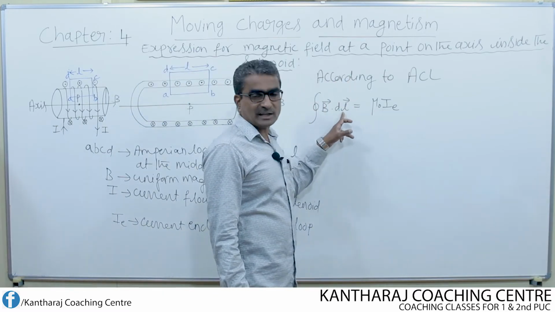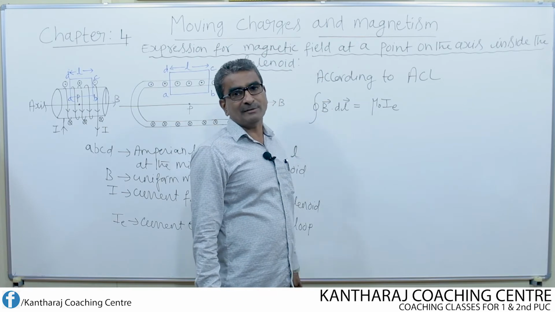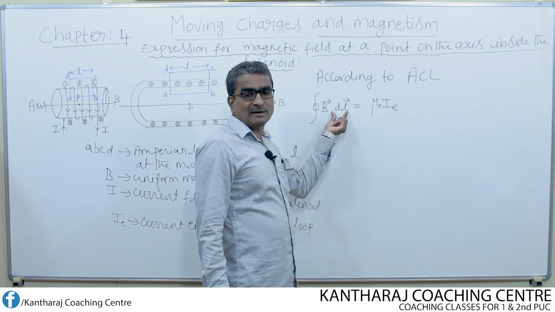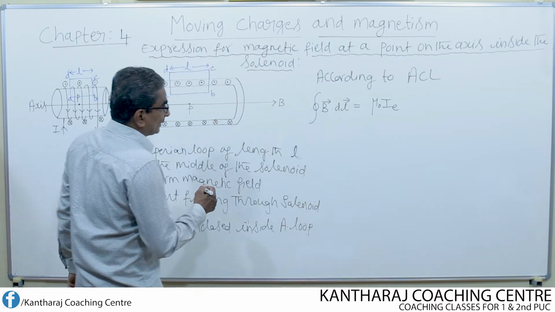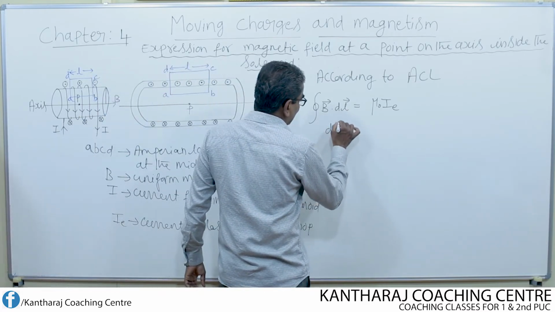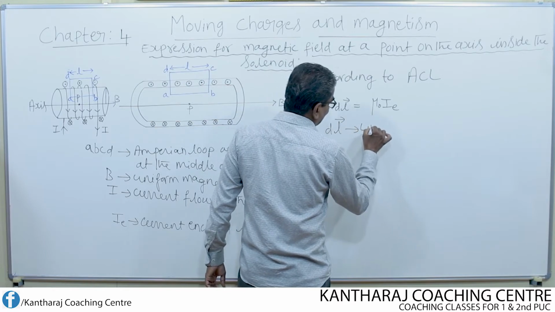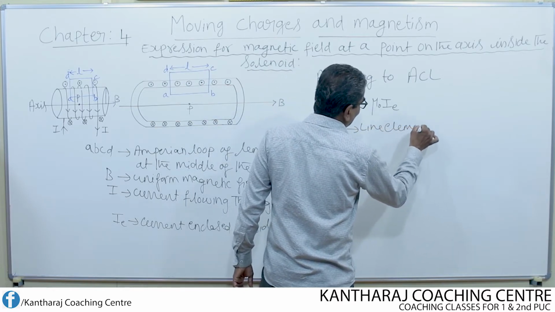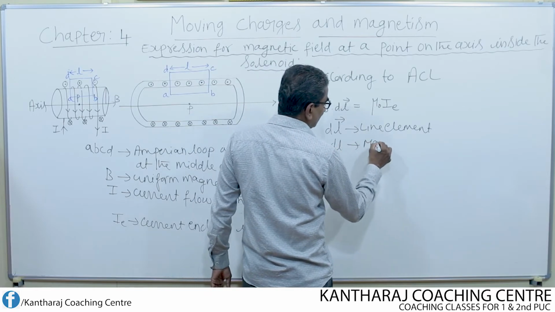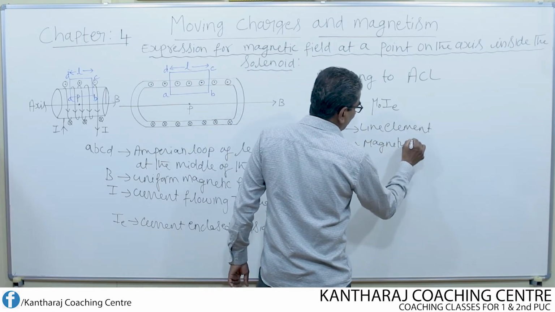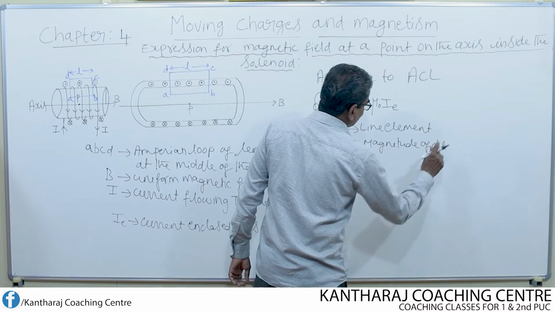What is vector dl? It is nothing but the line element. And what is the length of the line element? The length of the line element is dl. If I consider vector dl as the line element, then what is its magnitude, or what is the length of the line element? So this is nothing but the magnitude of dl.